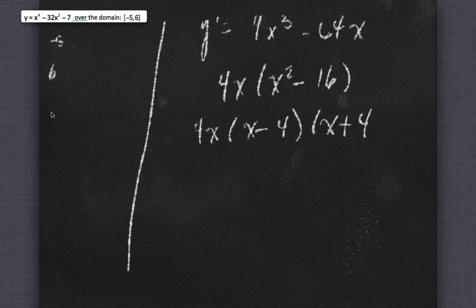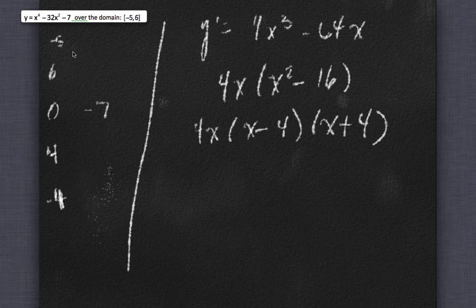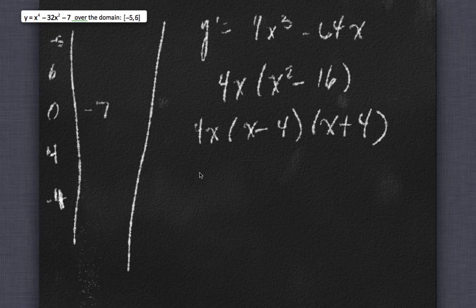And we come up with these possibilities. When you plug these two in, you should get the same number. This one is -7. That one's the easiest one.